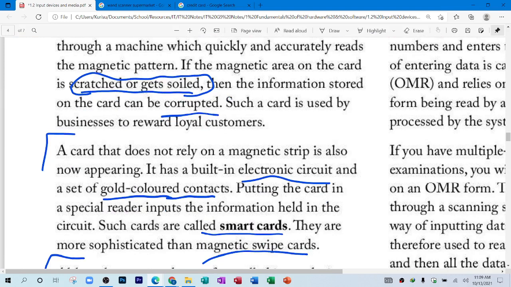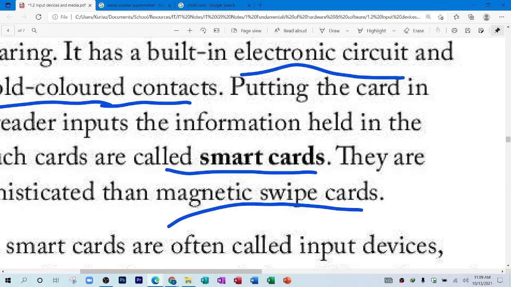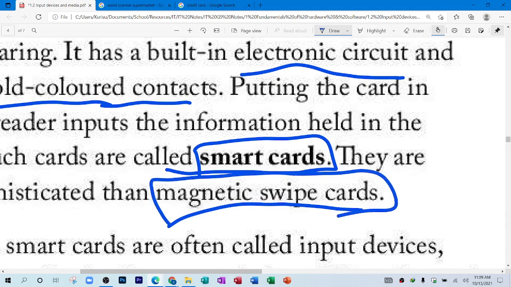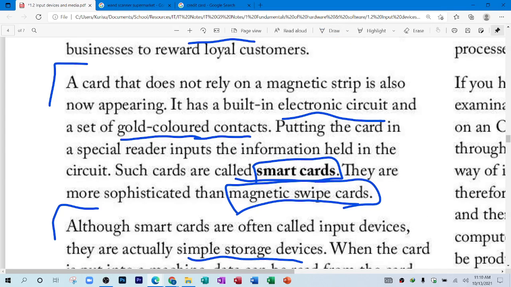Now, when it comes to these cards, there are actually two types of them. If you notice here, we have two types. We have the smart card and we have the magnetic swipe card. The smart card is the one with the gold colored contacts, and the magnetic swipe card is the one with the magnetic strip.